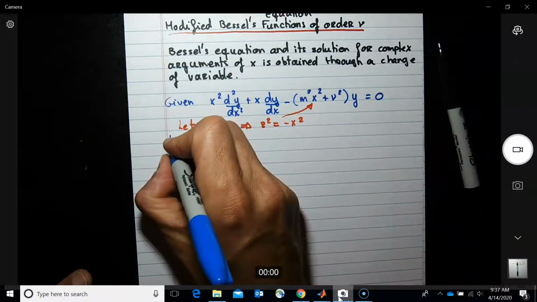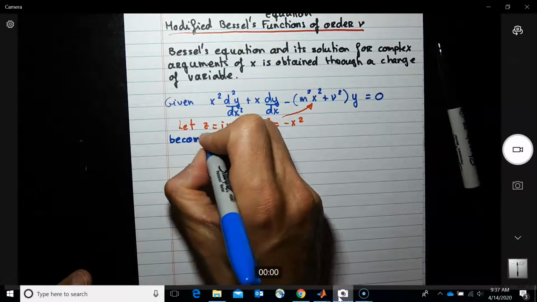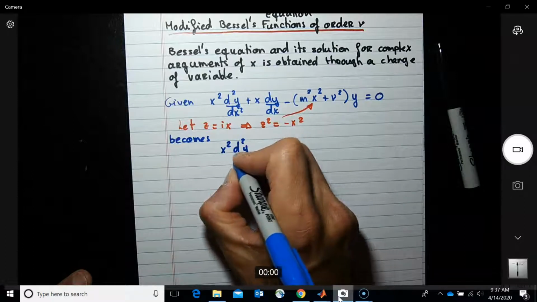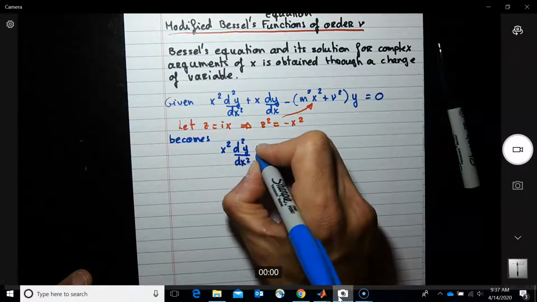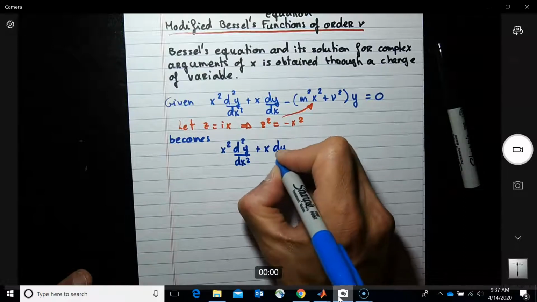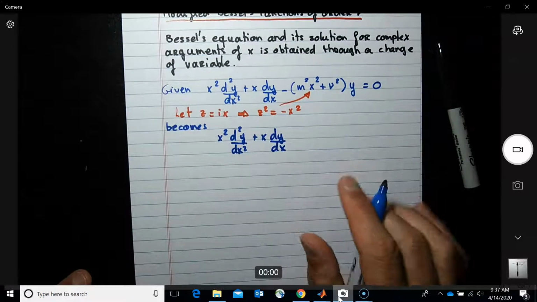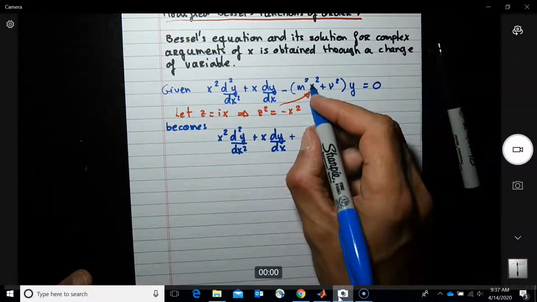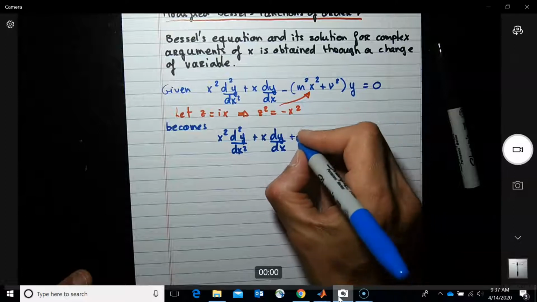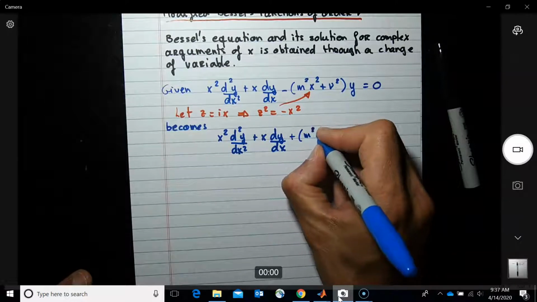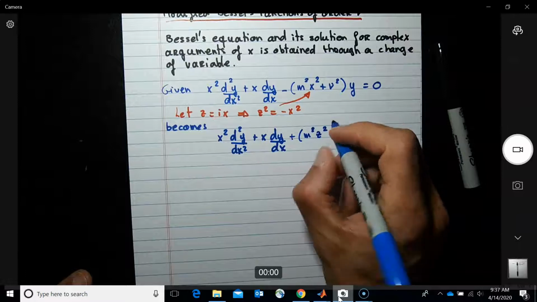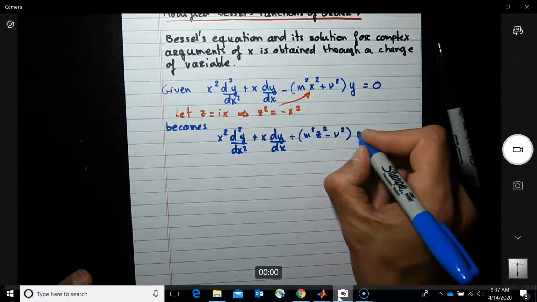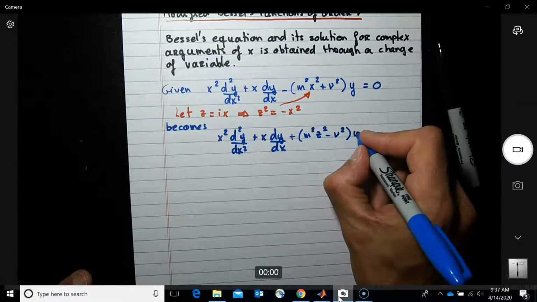So that the above equation becomes x squared d squared y over dx squared plus x dy dx plus, because this becomes minus, this term will become positive over here, m squared z squared minus mu squared equal to y.